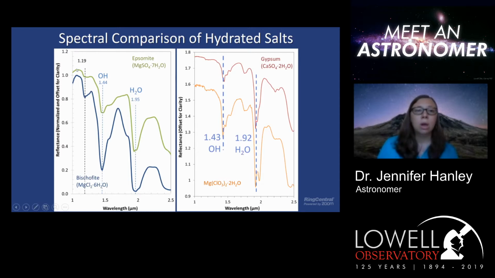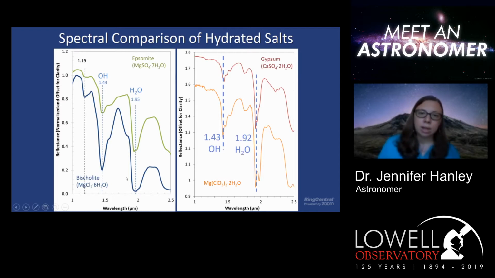What happens is, if it's completely reflected, it's at 1 and it's flat. However, if there's some mineral present, it will absorb at a specific energy based on its molecular structure, and you'll have these absorption bands. Based on these absorption bands, we can start to identify what minerals are present.